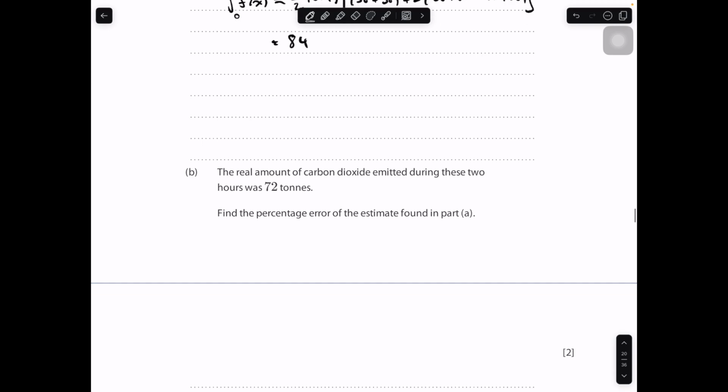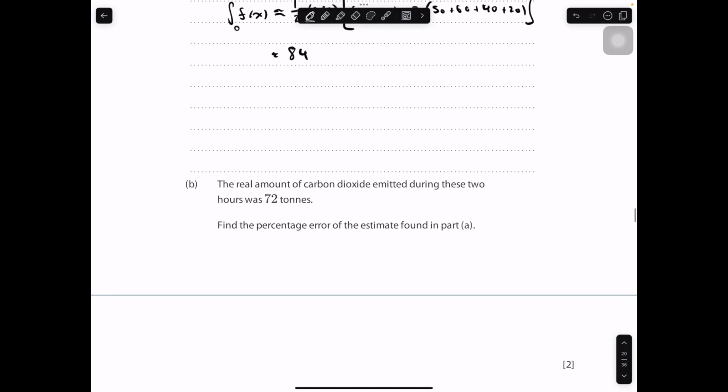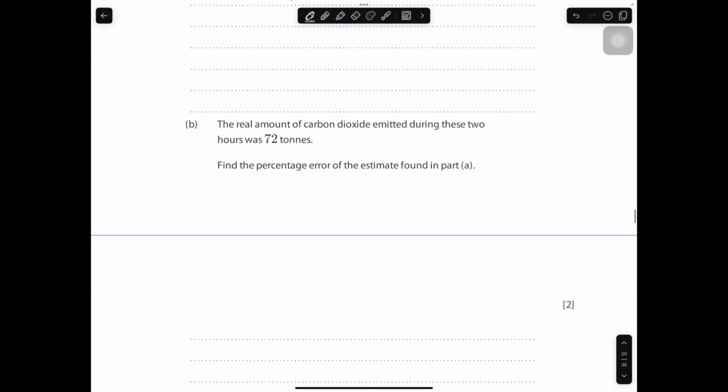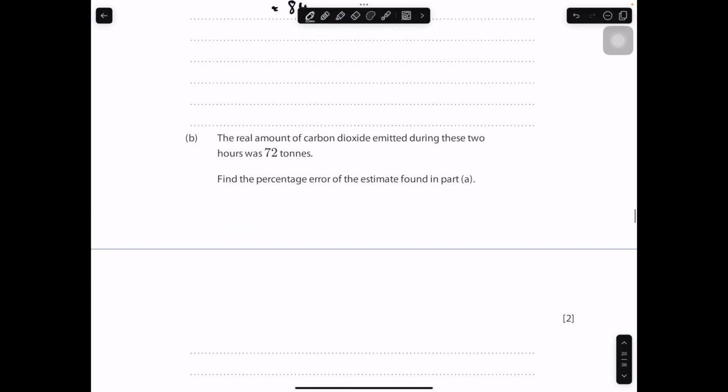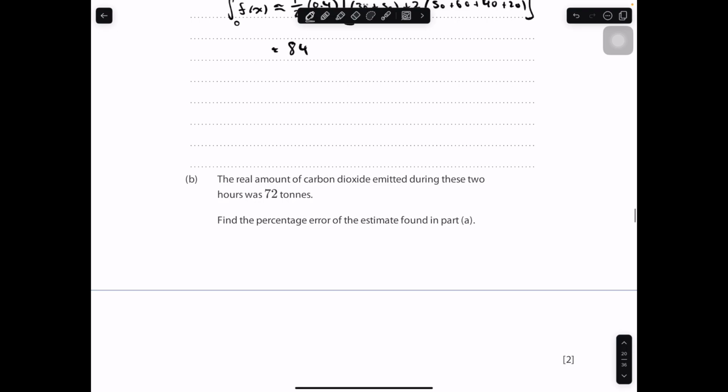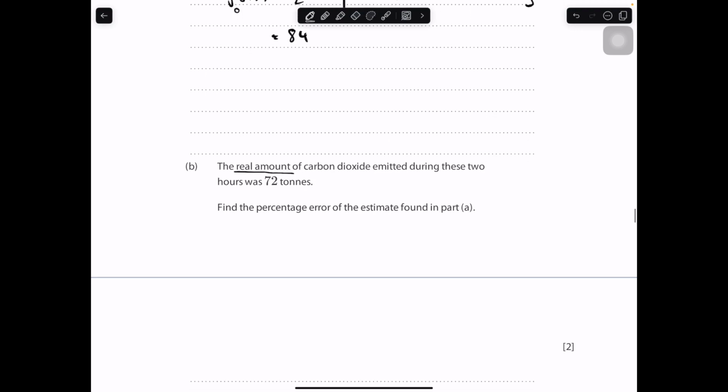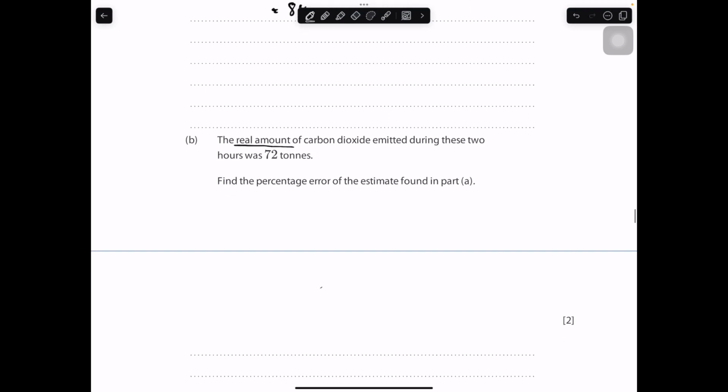Okay, the real amount of carbon dioxide emitted during these 2 hours was 72 tons. Find the percentage error. Percentage error, remember, is estimate minus exact divided by exact. So this is the real amount. And then we want to multiply by 100. I'm going to work it out just real quick, not exactly cutting corners, but skipping some explanation. So estimate minus exact over exact, and then times 100%.